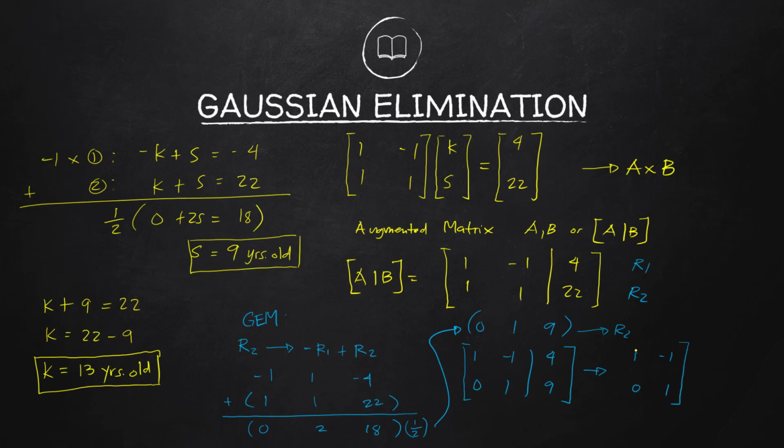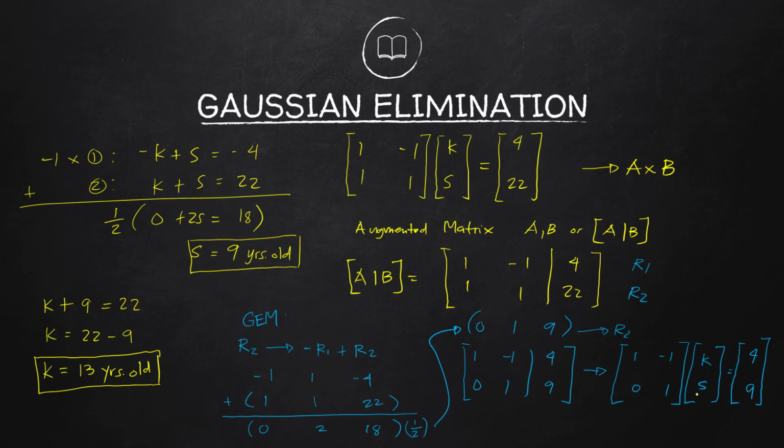That is for the coefficient matrix, multiplied by the variable matrix, and this is equal to the constant matrix. Okay, so we have it here.